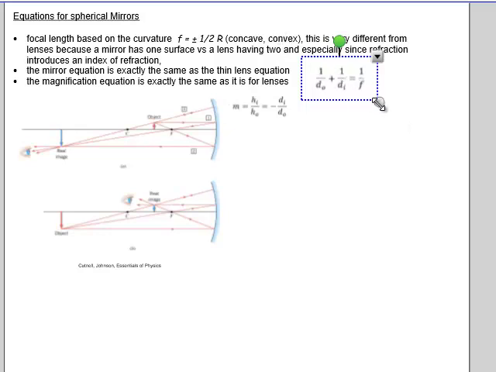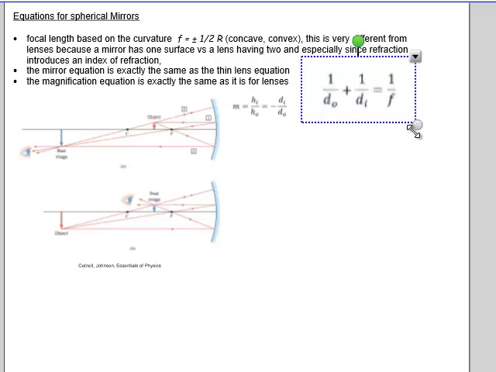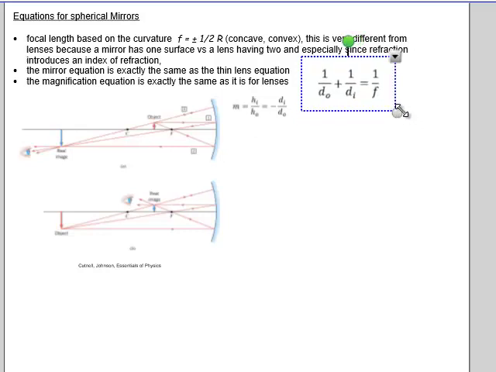Then there is the thin lens equation, which can also be derived from these principal rays. I'm going to talk about these principal rays here in a little while. I'm not going to show the derivation, but here it is. This one is very important overall, one of the two most important equations in this basic optics lecture.